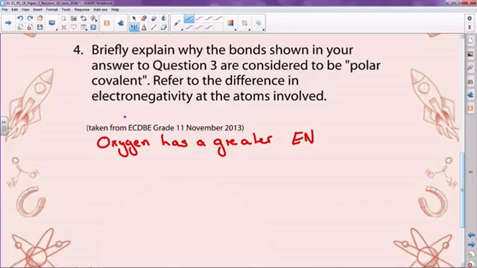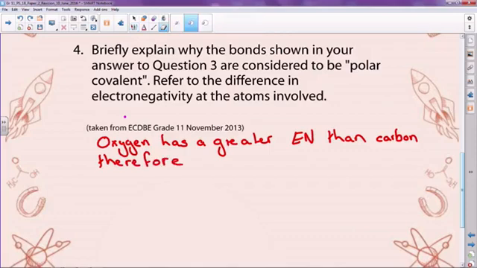So oxygen has a greater electronegativity than carbon. Sorry if it's spelled wrong, guys. So oxygen has a greater electronegativity than carbon.